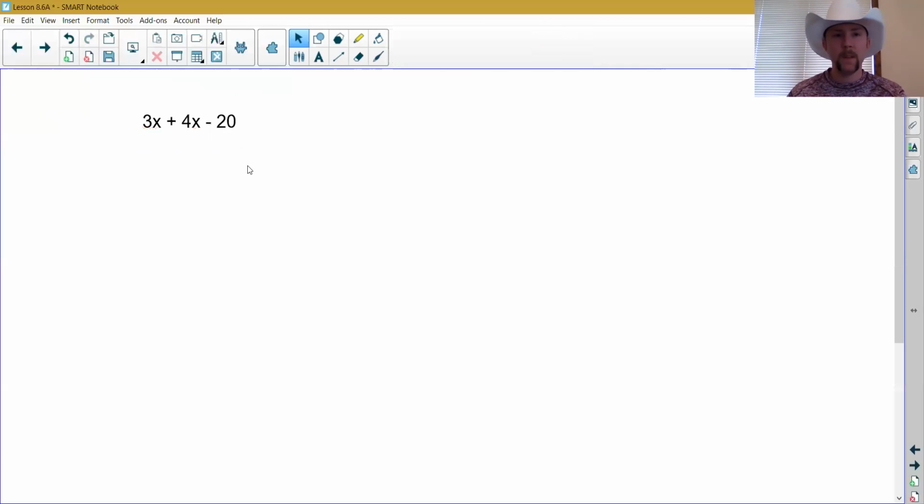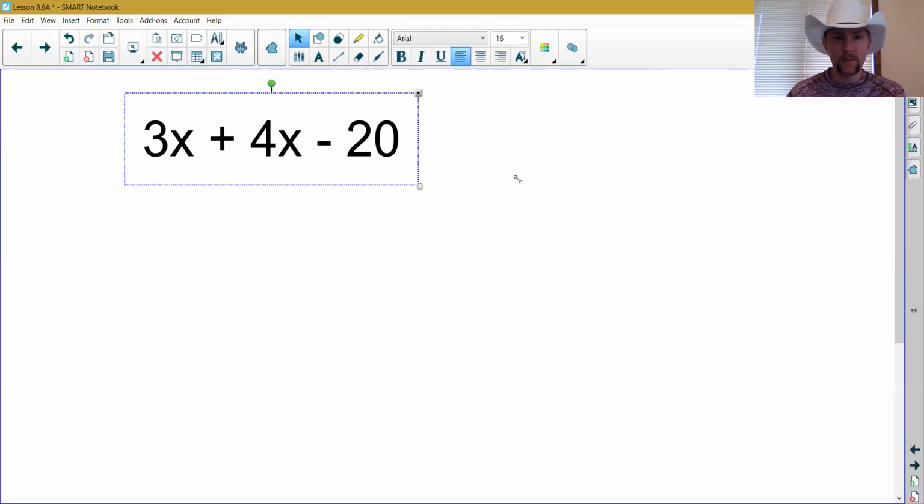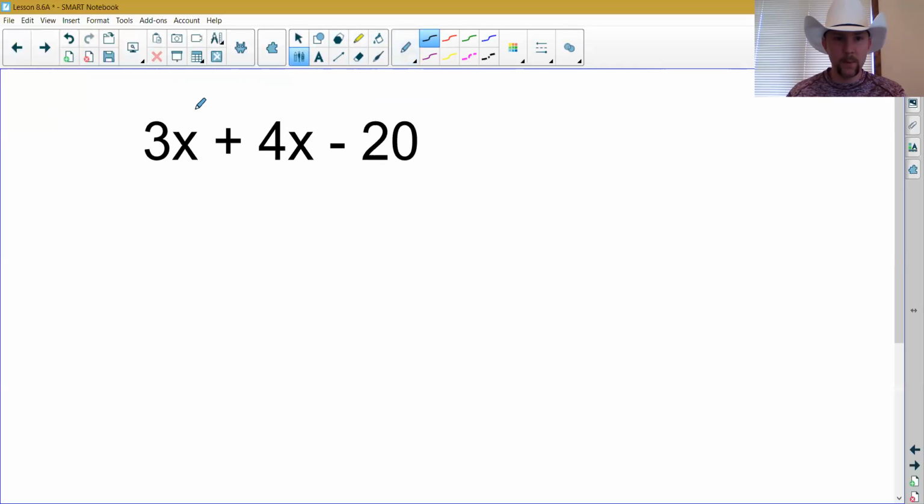Yeah, that'll work. 3x squared plus 4x minus 20. And I'm going to put the squared on here. Okay, so I now have this polynomial.